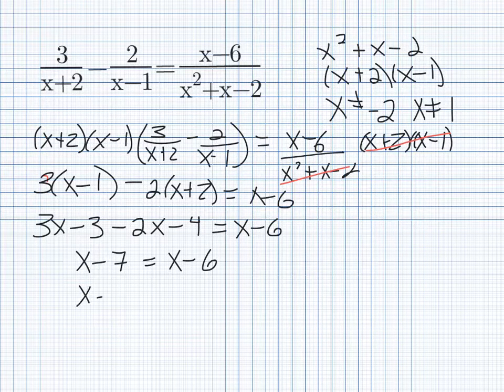Continuing on, we see that the x's will cancel each other out. We have x minus x, and our constants will not. We have negative 6 plus 7. So we end up with 0 is equal to 1. Of course, this is not true, that means that we have no solutions to this equation. So to write that as a set, we have two choices.